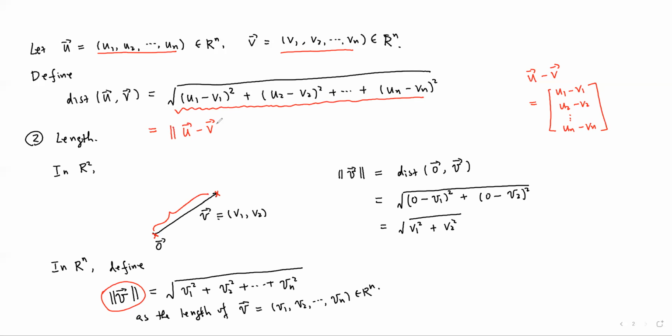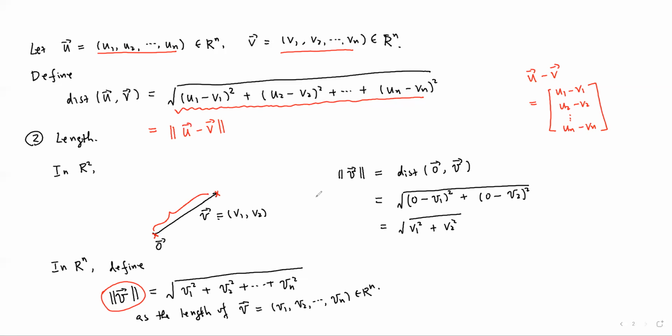The length of this vector is the distance between vector U and vector V. So we can use the length notation to rewrite the distance formula. The distance between U and V actually is the length of U minus V. This new vector's length is the distance between U and V.